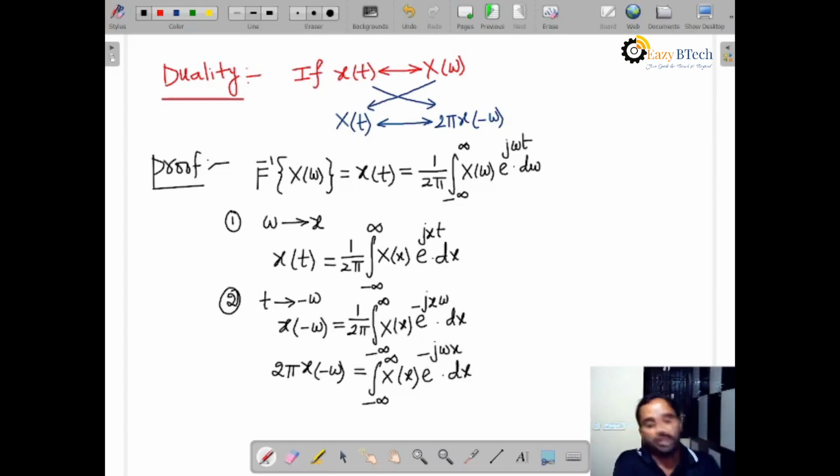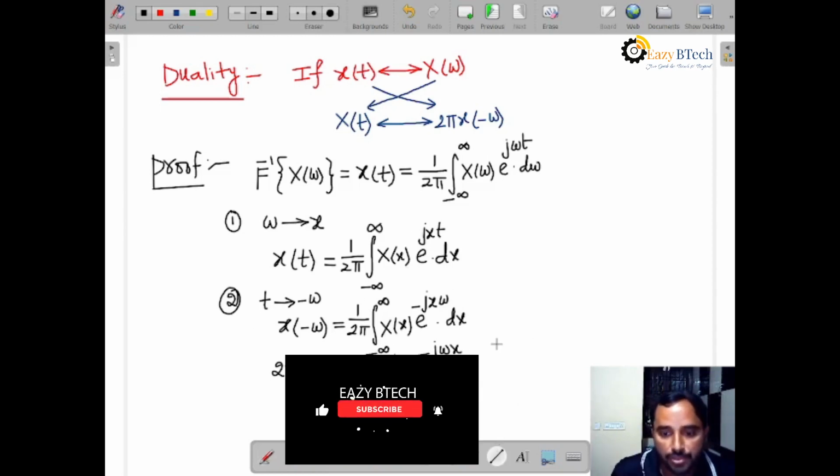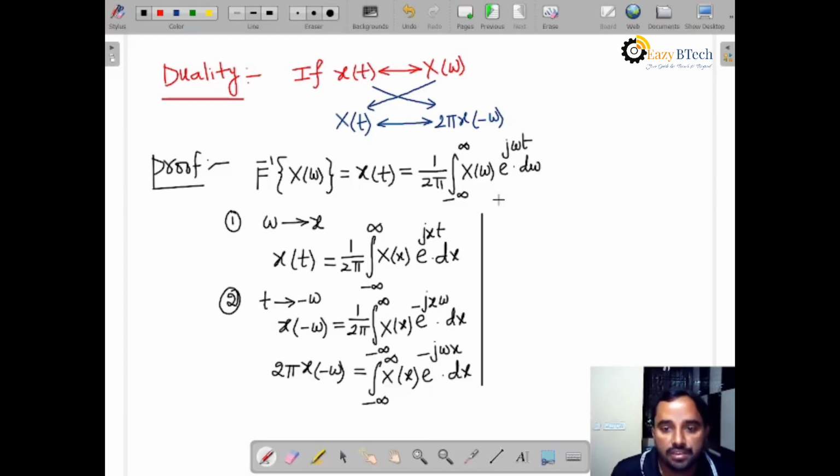Now I am going to do the third step. I am going to replace x by t. So in the place of x, take t. This is the third step. Right? 1, 2, 3. So in the third step we get the answer. So x is replaced by t.